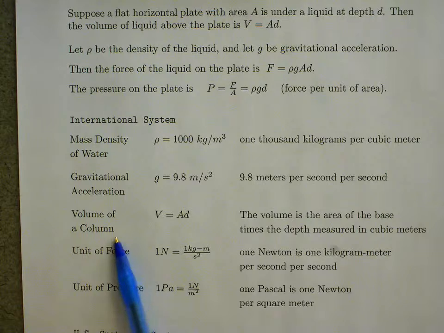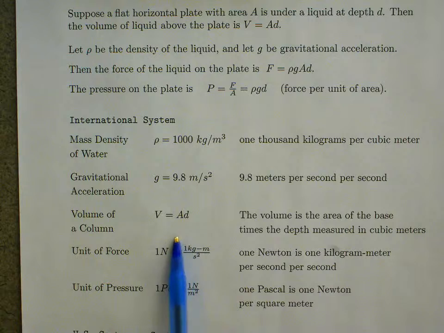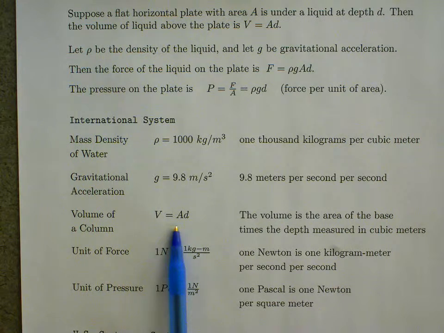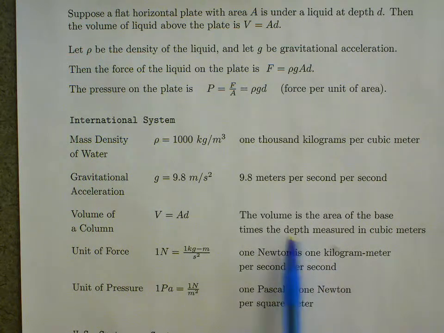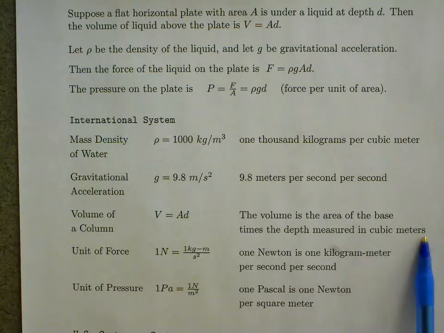The volume of a column of water, that's what I'm referring to. If we have a horizontal plate with area A at depth D, then the volume of water above the plate is A times D. So the volume is the area of the base times the depth. And it's measured in cubic meters in this setting.